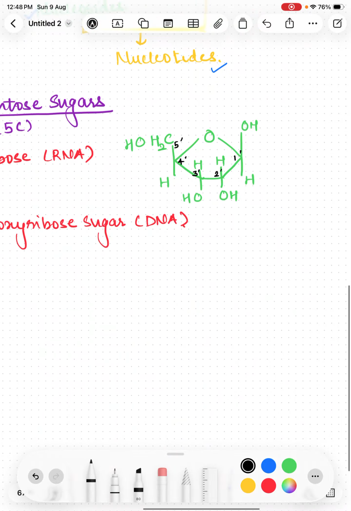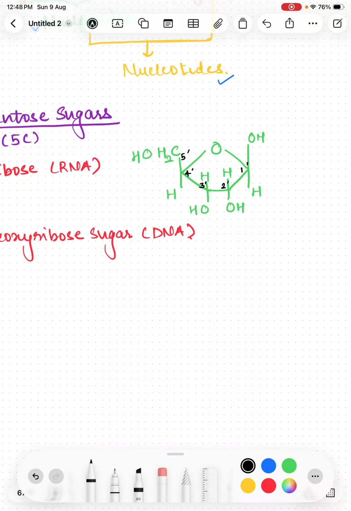Now, during change in pH, sometimes the hydrogen atom which is present at 2 prime carbon is removed, and this oxygen acts as nucleophile, and this oxygen then will attack phosphodiester bond and it will hamper the structure.